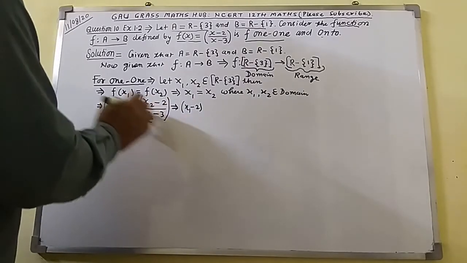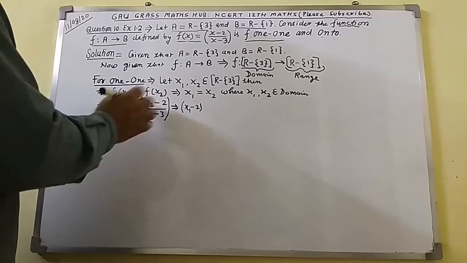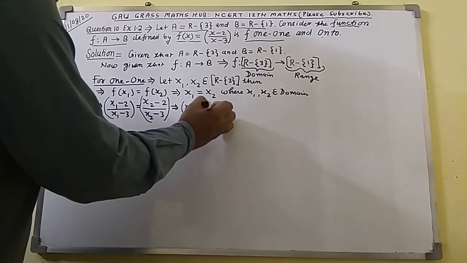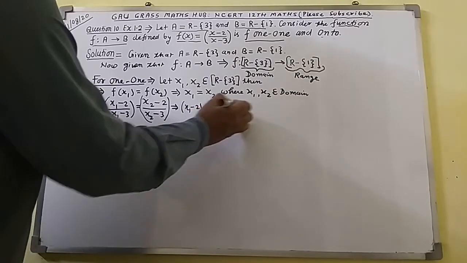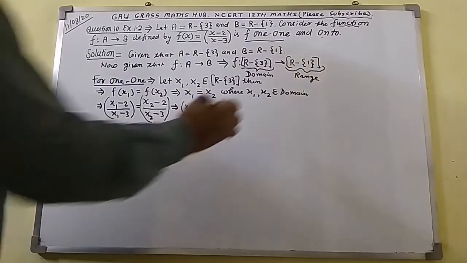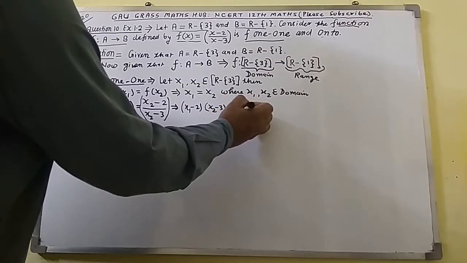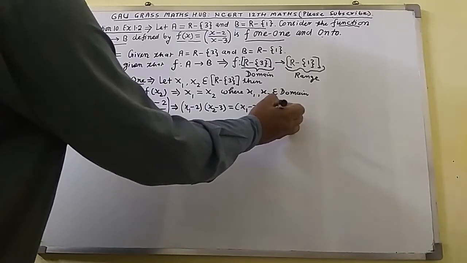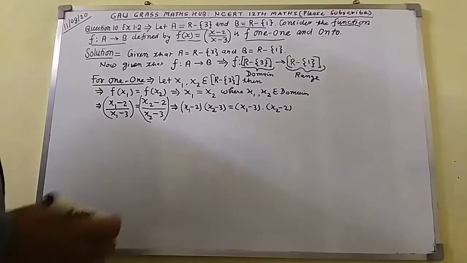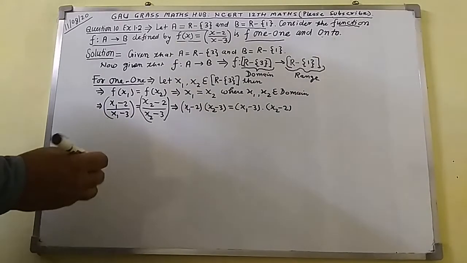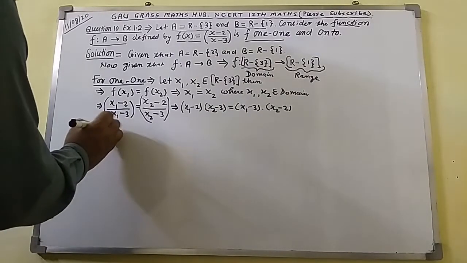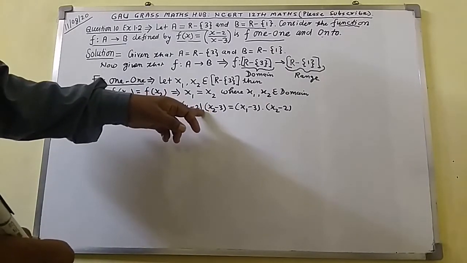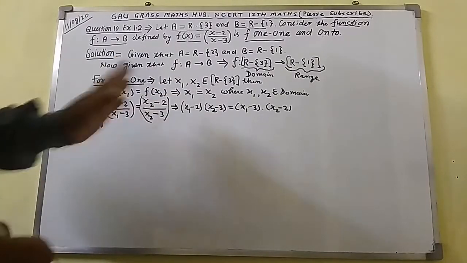Now cross multiply. (x1 minus 2) will multiply to (x2 minus 3), that will be equal to (x1 minus 3) dot (x2 minus 2). This we have to do. Let us see what result will be. Just (x1 minus 2) dot (x2 minus 3), both will be multiplied together.